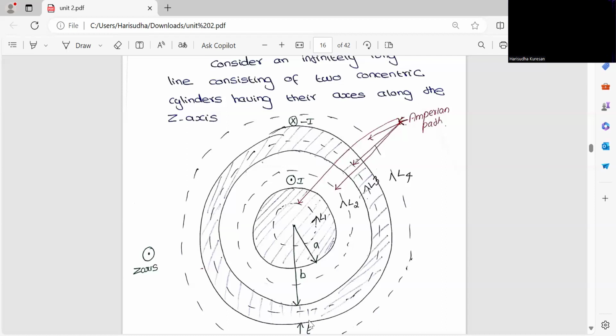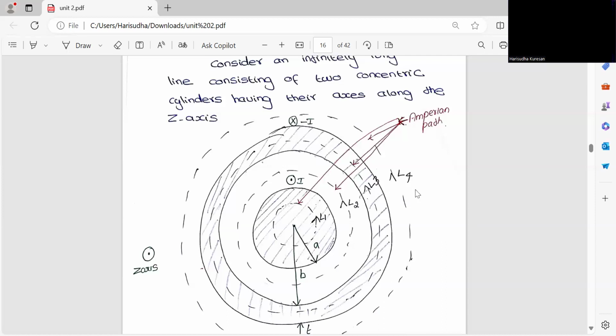So we need to determine the magnetic field intensity H everywhere, assuming the current is uniformly distributed on both the conductors, that is the inner conductor as well as the outer conductor. So we need to apply the Amperian path for each of the 4 possible regions. So we have 4 Amperian paths, L1, L2, L3 and L4.